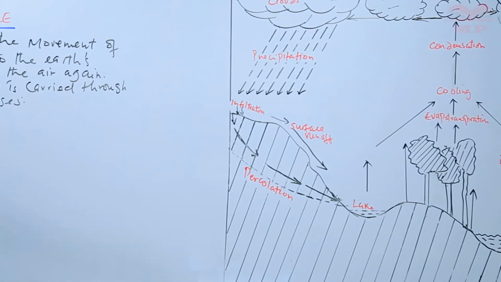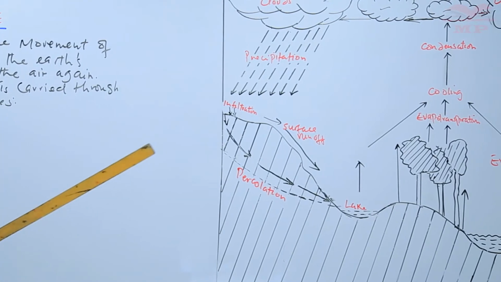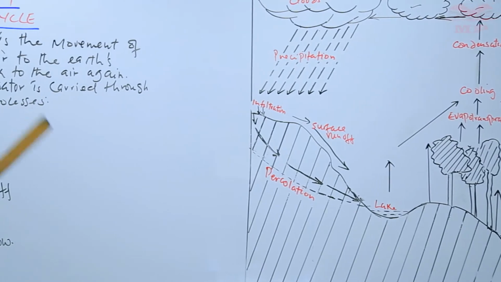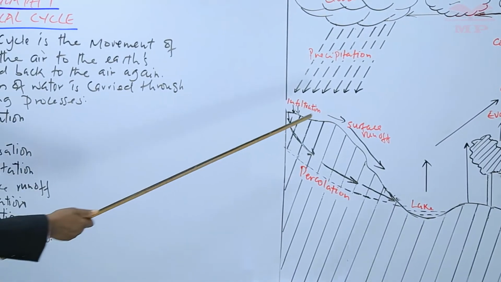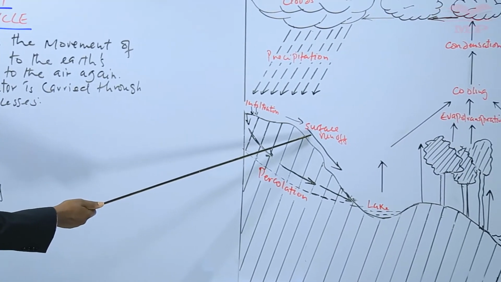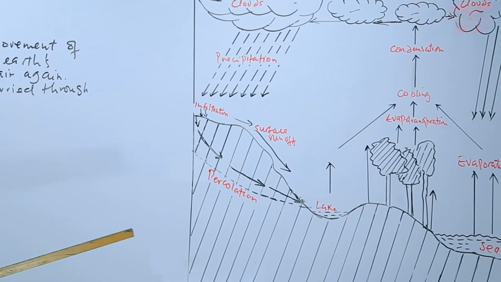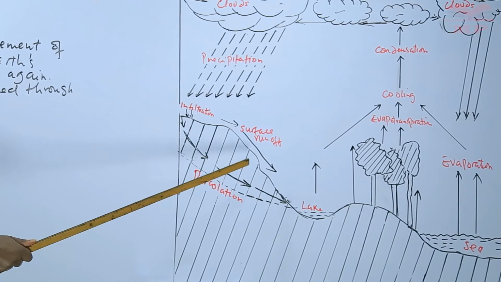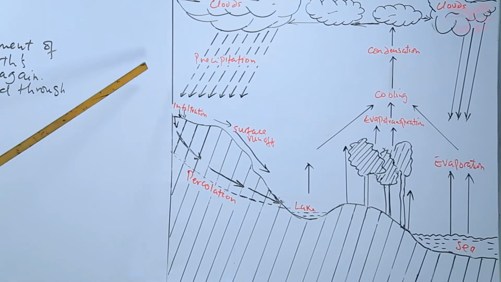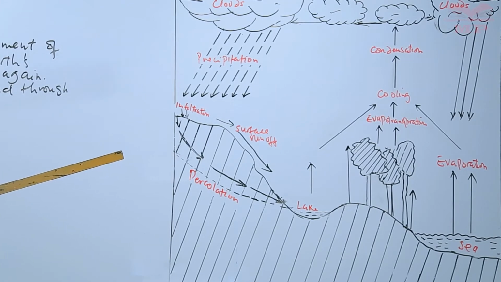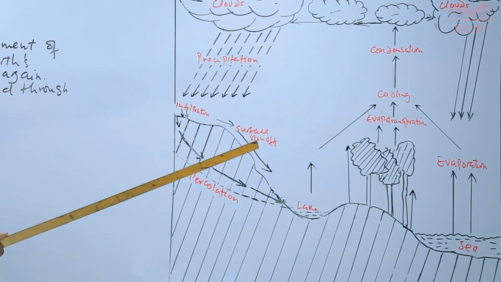Now, learners, the water, both the surface runoff, and the water that flows through the rivers, the water that flows on the surface, and the water that flows in the rivers, make up what we are calling overland flow.